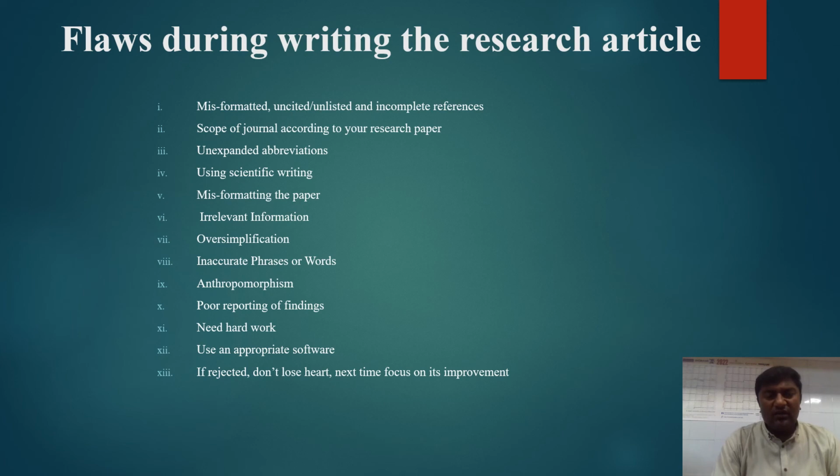Oversimplification: when you are writing the research article, you should not write sentences at a matric level. You should write sentences at a higher education level. If you are using inaccurate phrases or words, try to avoid them.